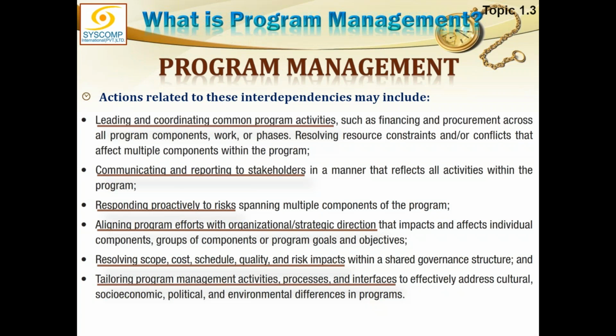We want consistency in management of the risk. Therefore, if a risk is affecting more than one project, that becomes a program level risk, and the program manager takes on that responsibility. Similarly, financing, having funding organized, procurements of all the projects, all the contract management at the program level has to be arranged.